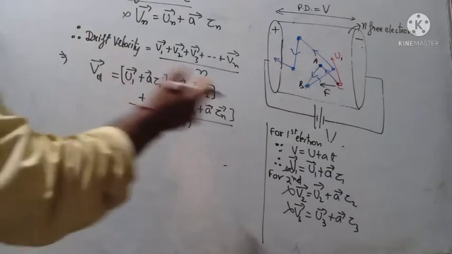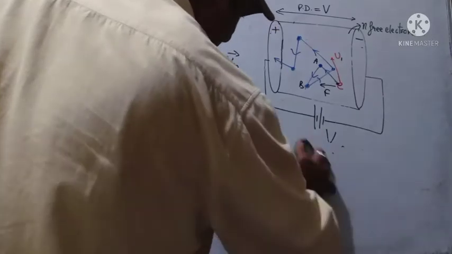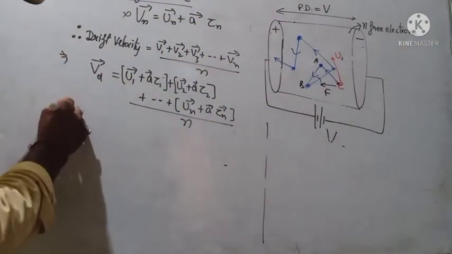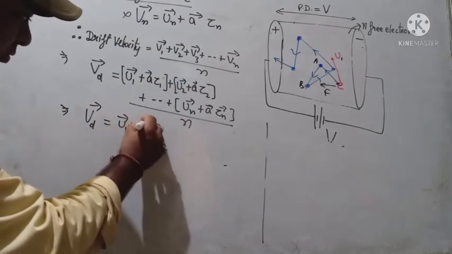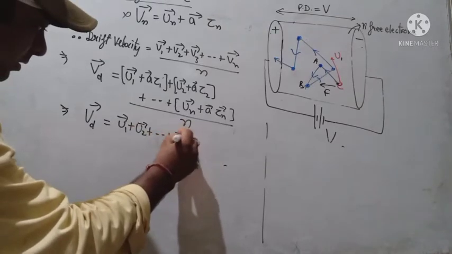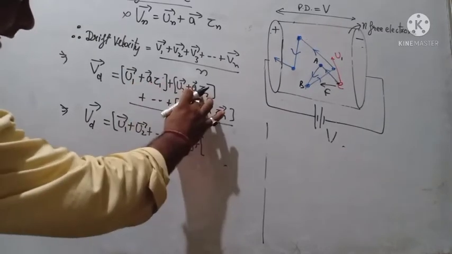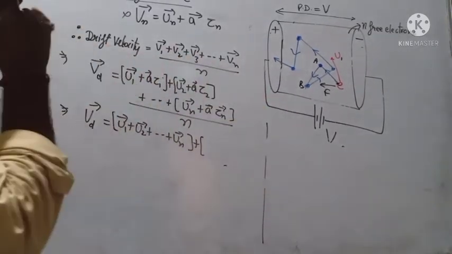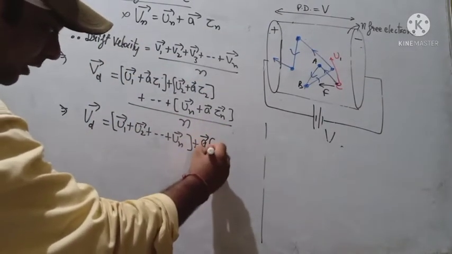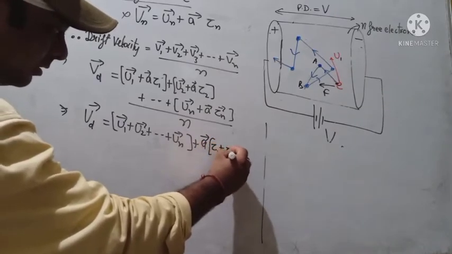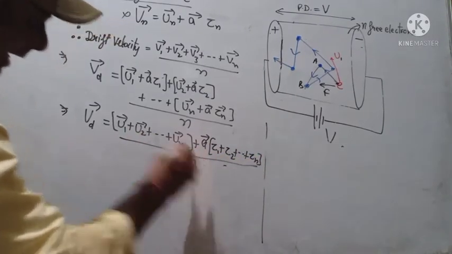Now we are separating the quantities. We are taking U1, U2, Un in one bracket, plus A tau 1, A tau 2, similarly A tau n together. So we are taking A common. What will be remaining? Tau 1, tau 2 plus dot dot dot tau n, upon n.